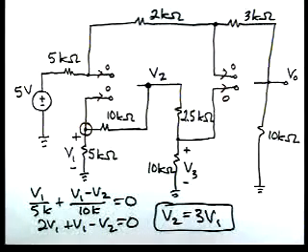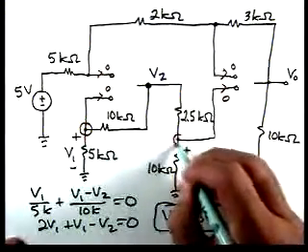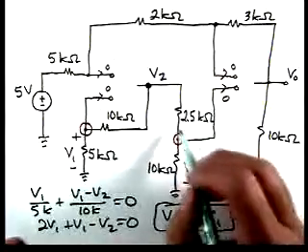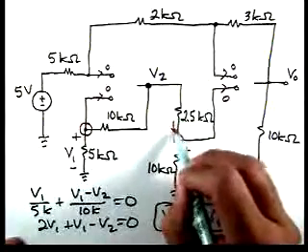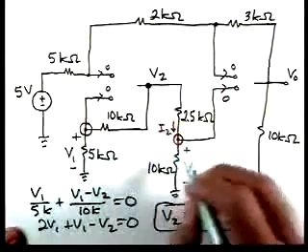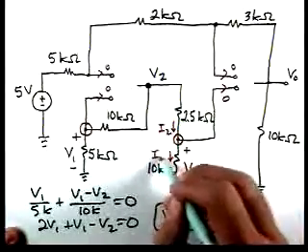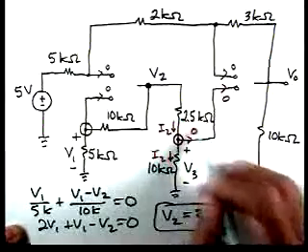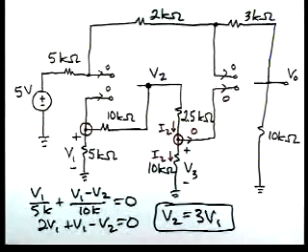Okay, also, if we look at this node, we can see the same current. If we call this current, for instance, I2, it also flows through here because this current is 0, so we can relate V3 to V2 by voltage division.